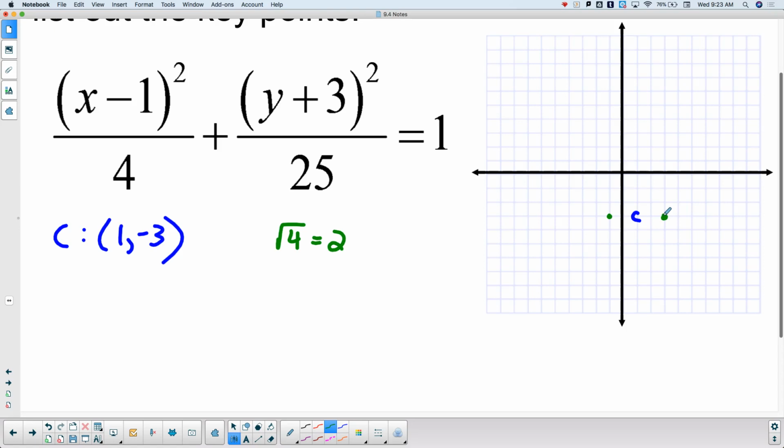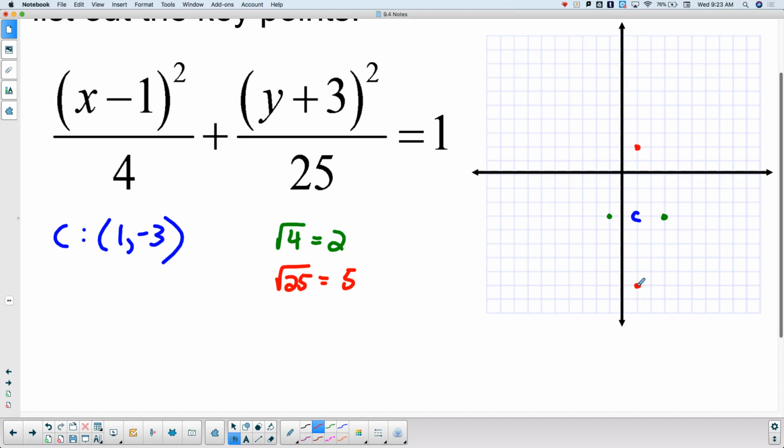The square root of 25. Okay. What is the square root of 25? Which means what? Then you go up and down 5. So that's there, and 2, 4, 5 is there.